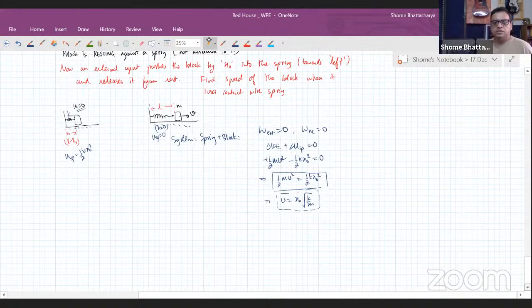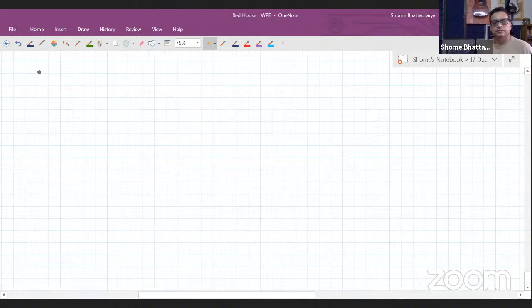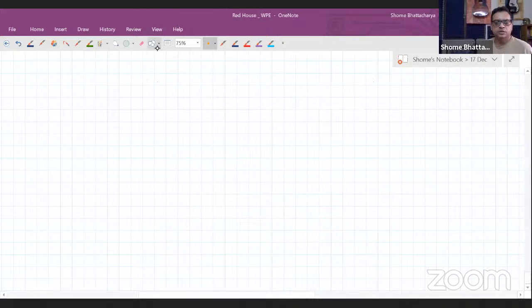Okay, let's look at another example next. So this time we'll take a vertical spring mass system. So this block is suspended by a spring.